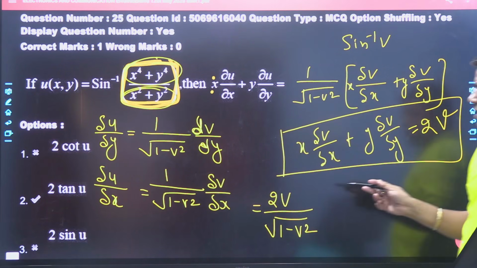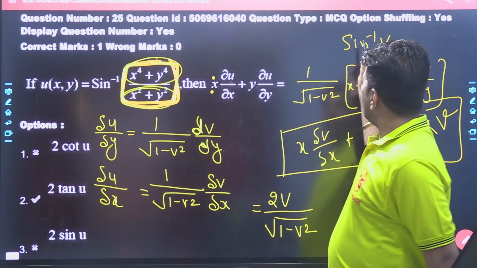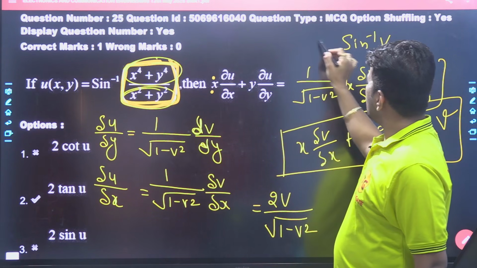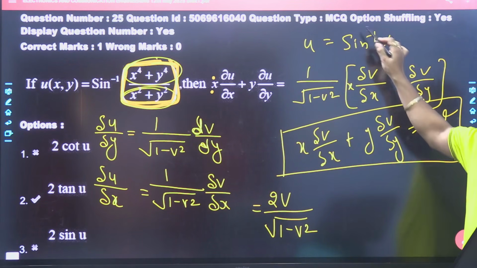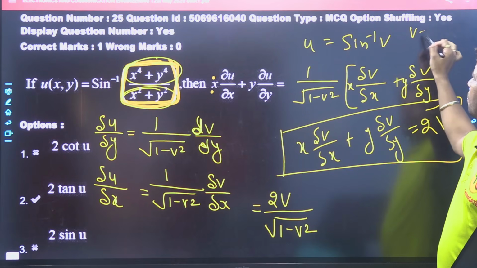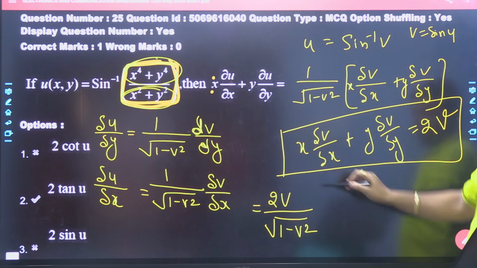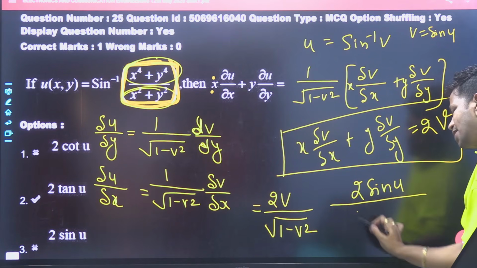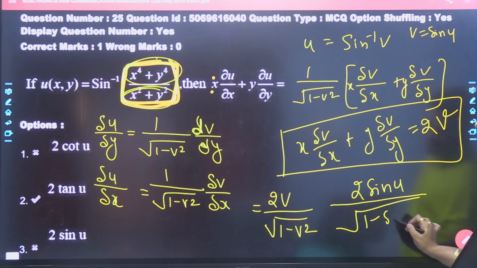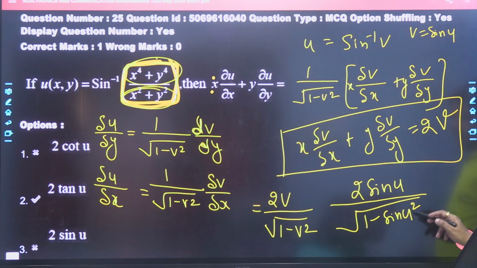Okay. Now just back propagate. Initially what are we assuming? We are assuming that this equation is u. So in place of v, we can put sin u. So 2 sin u divided by square root of 1 minus sin square u.